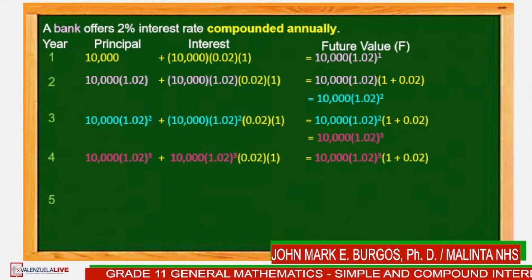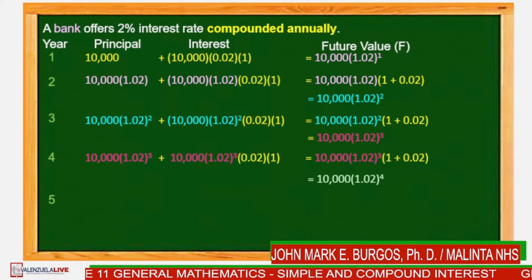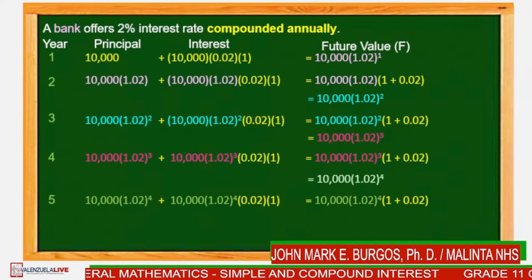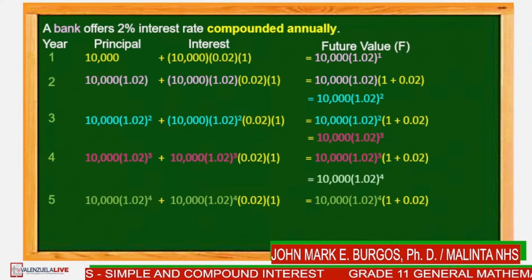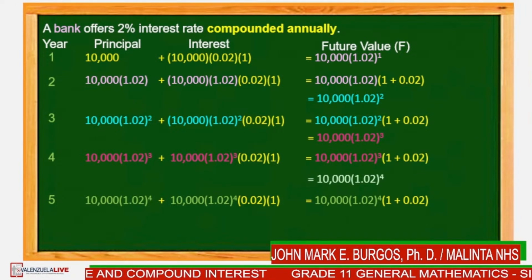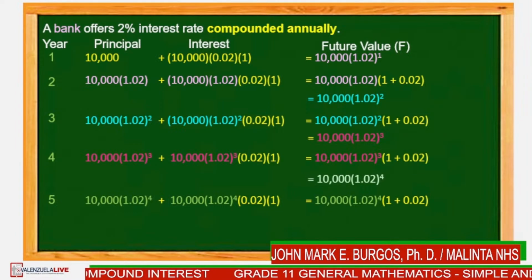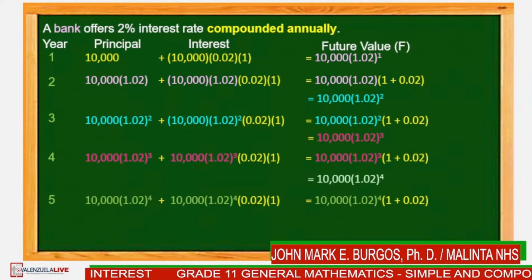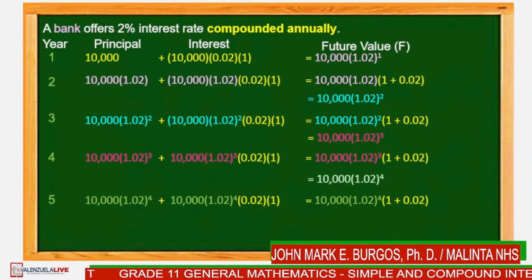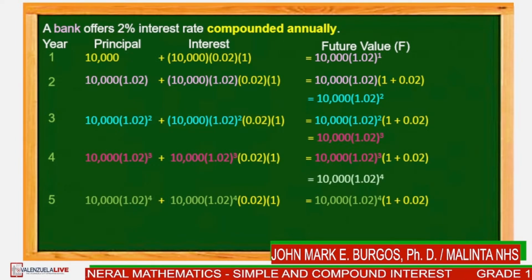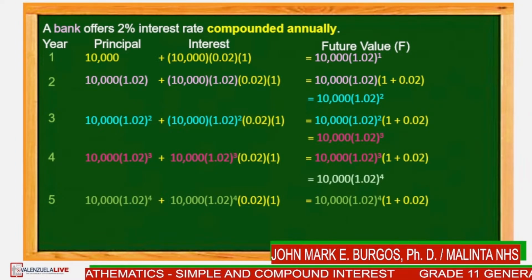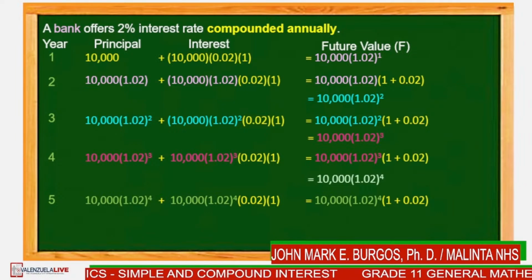For year 5, using the computed future value of year 4, the principal will be 10,000 times 1.02 raised to the power of 4, plus for the interest, it will be 10,000 times 1.02 raised to the power of 4 times 0.02 times 1.